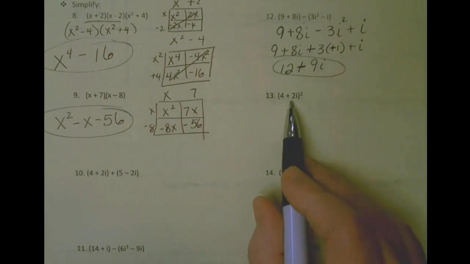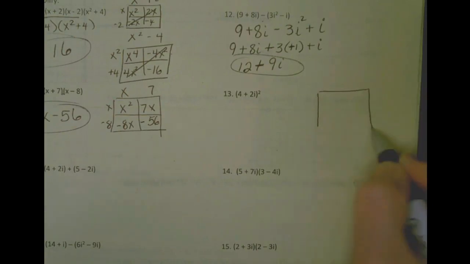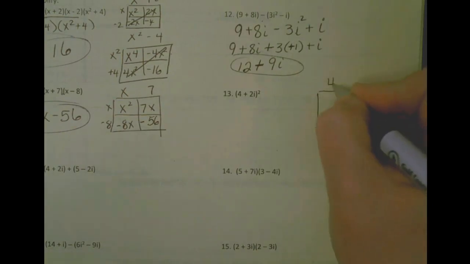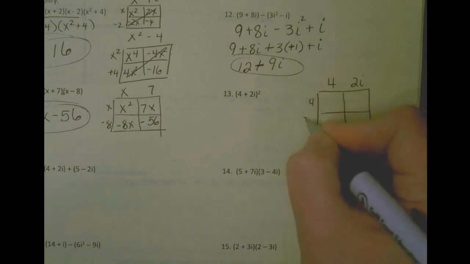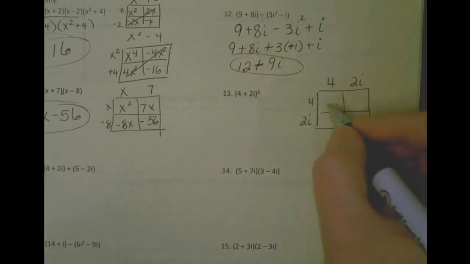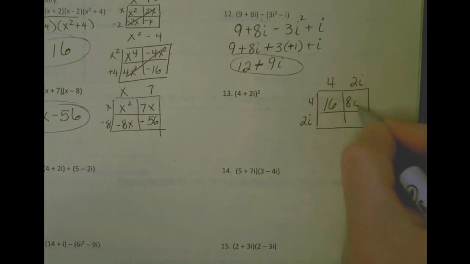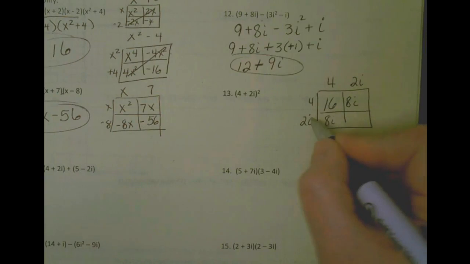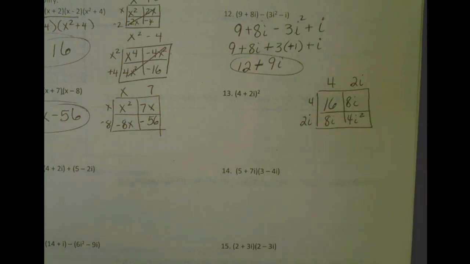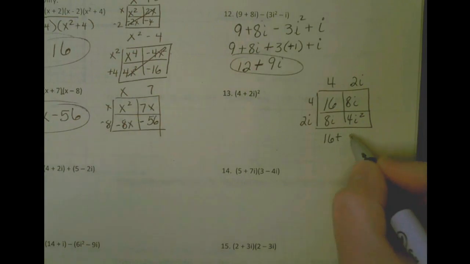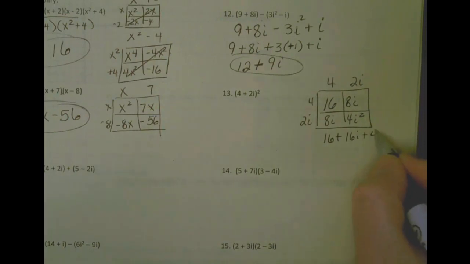This will be a box problem. 4 times 4 is 16, 8i, 8i, 2 times 2 is 4i squared, 16 plus 16i plus 4 times negative 1, because i squared is equal to negative 1.